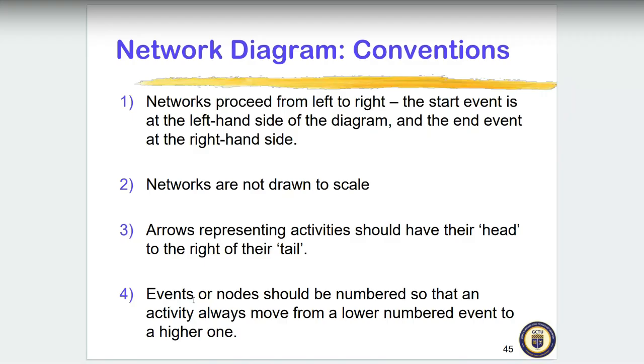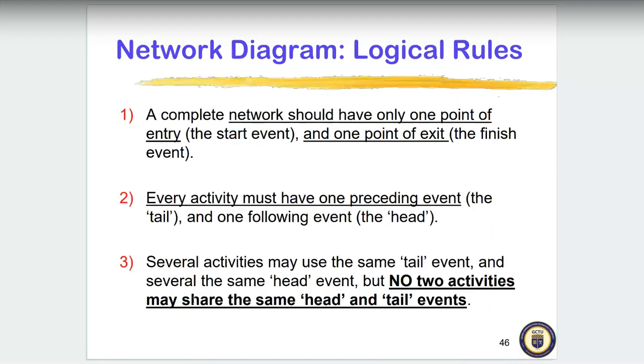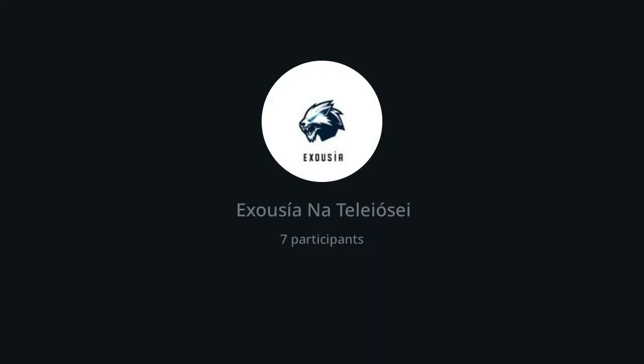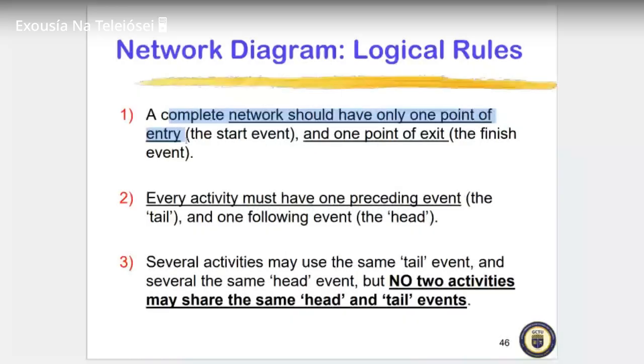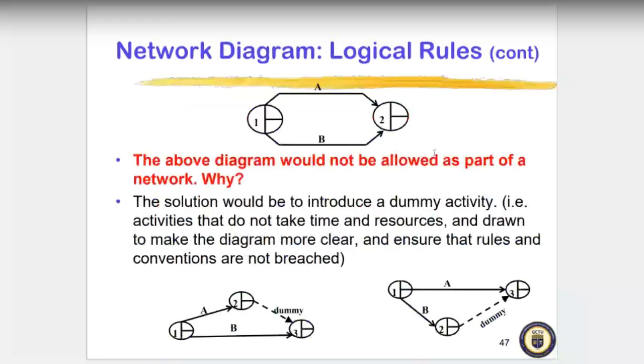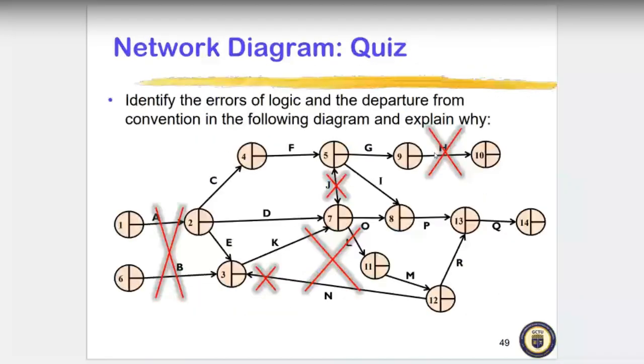Okay, yes, it says a complete network should have only one point of start, that is the start event, and one point of exit, that is the end. So this is a violation. This is also a violation, because we are having. Okay, let's see.